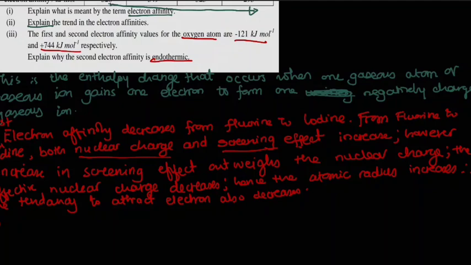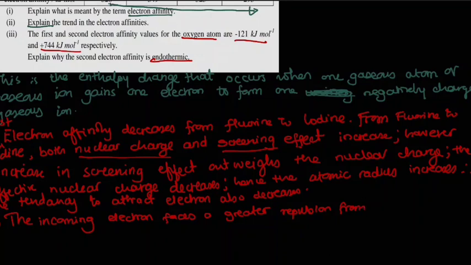When the atom has first gained the electron, in the first electron affinity, now in the second electron affinity, when we want to add a second electron, the incoming electron faces a greater repulsion from the electrons present in the atom.